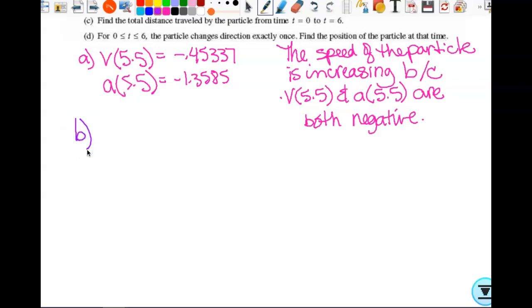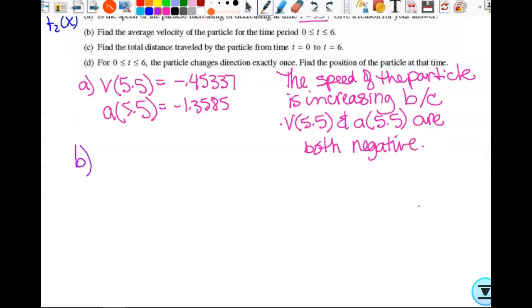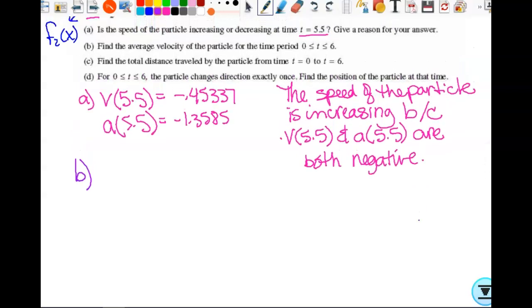B says, find the average velocity of the particle for the time period 0 to 6. So same thing, average velocity, right? If I have the velocity and acceleration functions, I want the average velocity.